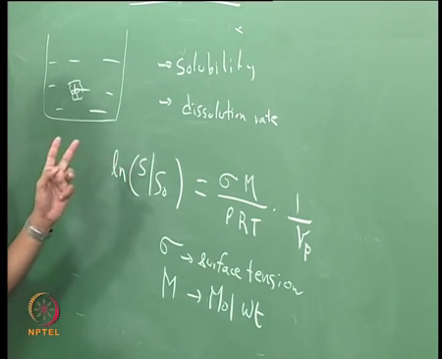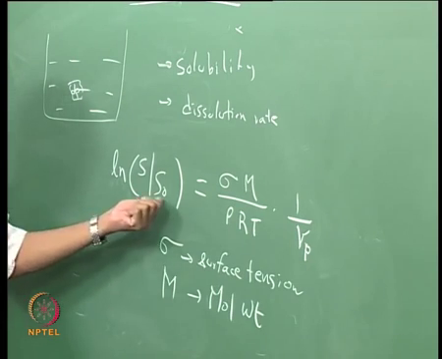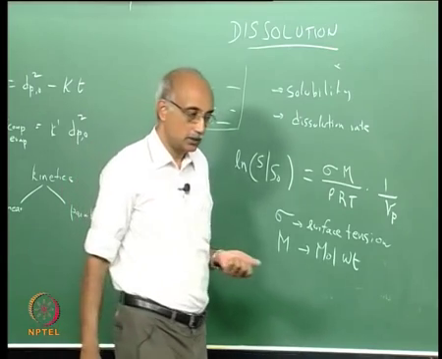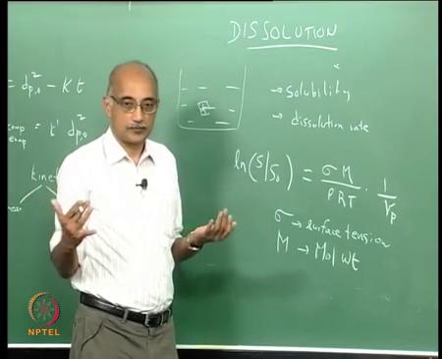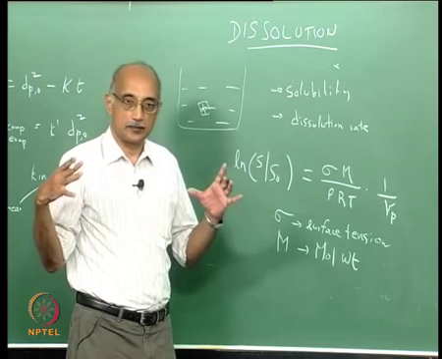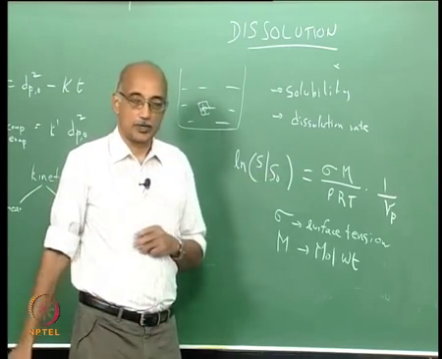S in the denominator is the actual prevailing solubility. S0 is the solubility in the case of a very large chunk of the material, theoretically infinite dimensional material, and the solubility corresponding to that.